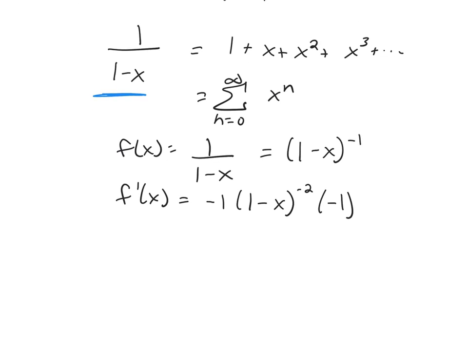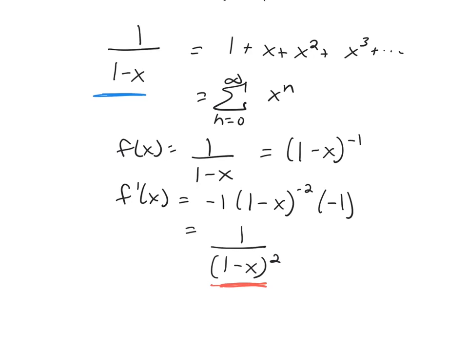So if I simplify this, negative 1 times negative 1 is positive. Hey, that's the function we started with in our problem, right? This is what we wanted to find the power series of. So I just need to find the power series of f prime of x. But we know how to do that.